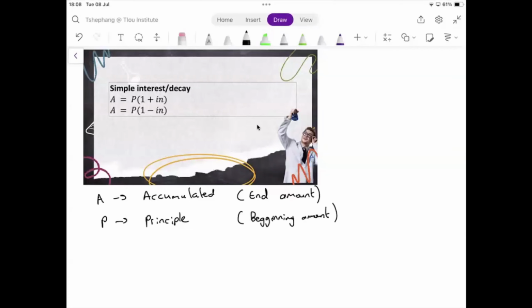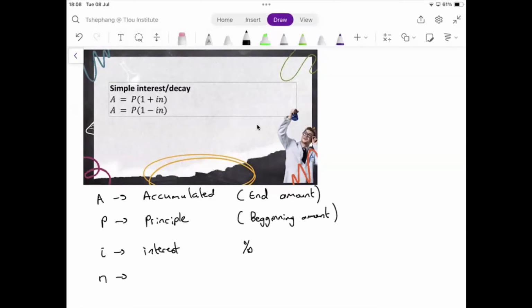Then we also have the interest rate as a percentage. Let me just remove the one because it's just a percent. We don't know how much yet, but we know it's a percentage.